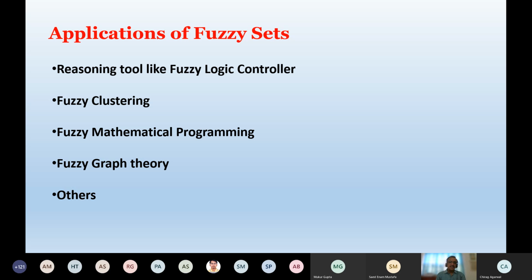As I mentioned, most probably in the last class, there are a lot of uncertainties in our human vision system. The same person, with the help of two eyes, may not be able to get equal information at two different instants of time. It depends on his physical condition, like blood pressure, level of diabetes, and all such things.